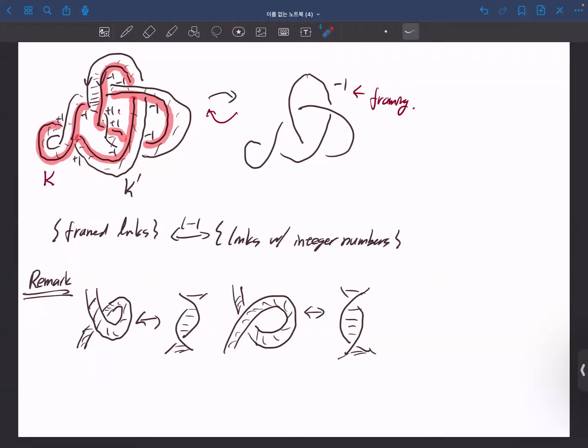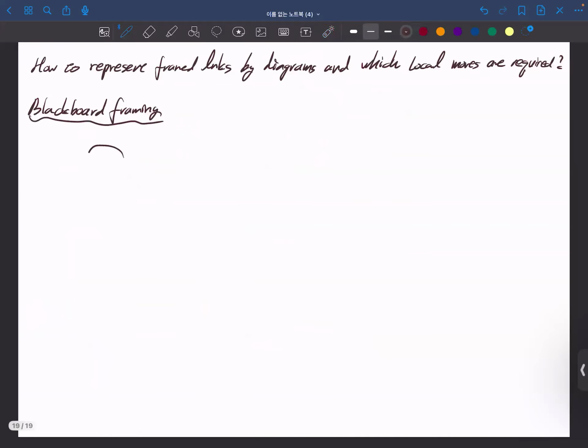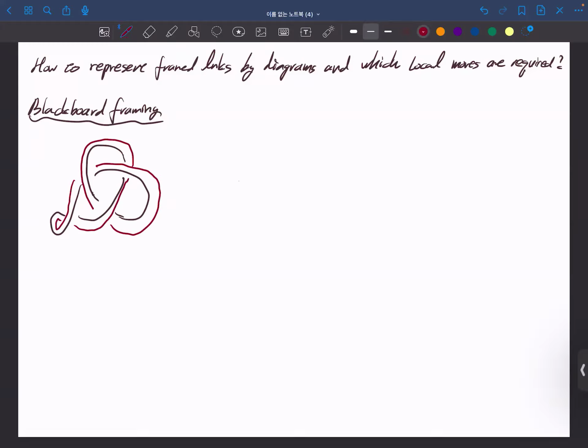Then what is the simplest way to draw such a second component from the given diagram? It is the following. When you have a diagram, we simply draw a diagram parallel to the original diagram.